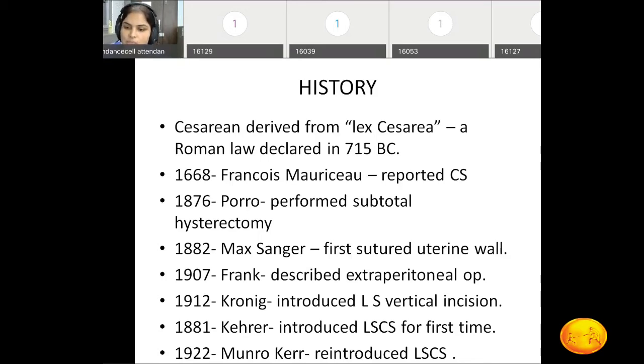We will see all the incisions soon. In 1881, Kehrer introduced the lower segment cesarean section for the first time, but it was not popular then. Later, in 1922, Munro Kerr, a very good surgeon, reintroduced lower segment cesarean section, and that is what we follow now.